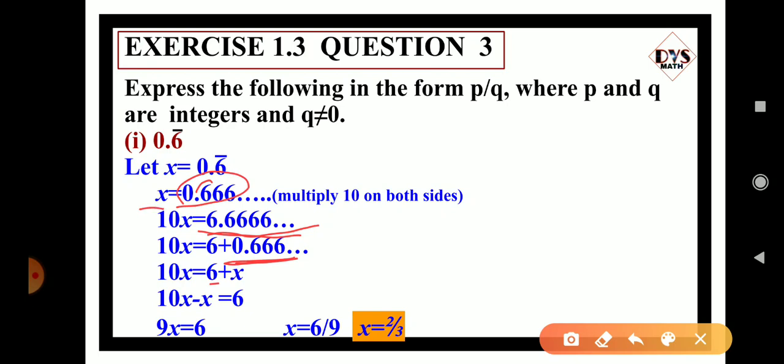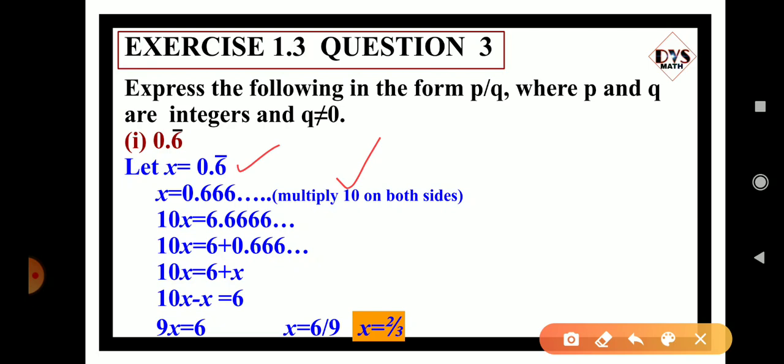So please remember, the given is 0.6 bar. We took it as 0.666 because the bar represents that the number repeats many times, and after the decimal point we have only one number, so we multiply by 10 on both sides. 10 into 0.666 gives 6.666 and so on, which can be written as 6 plus 0.666.